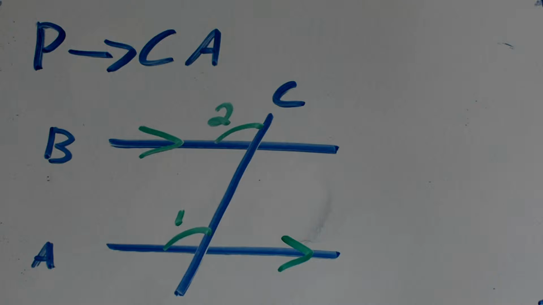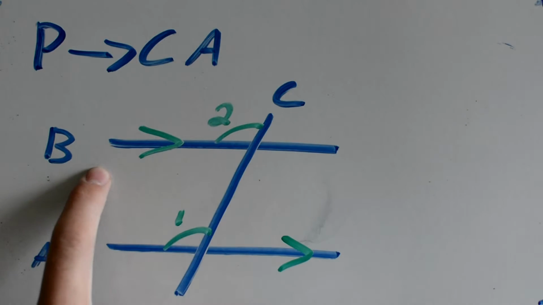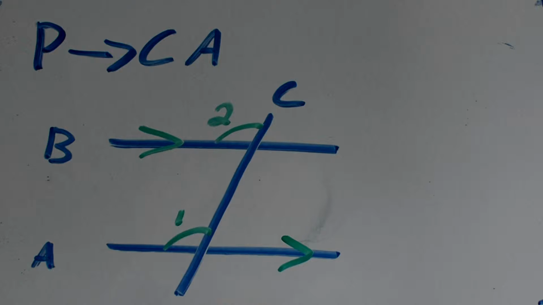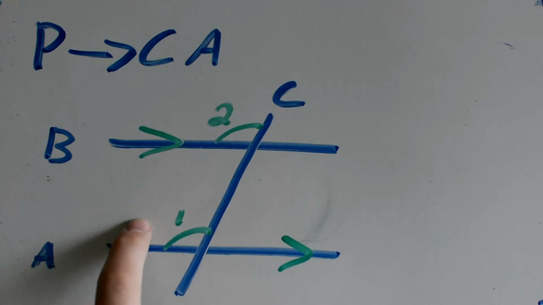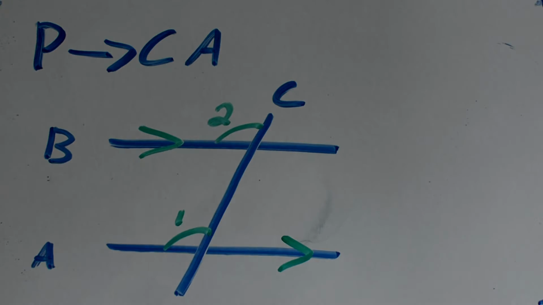So for proving that corresponding angles are congruent if you know the two lines are parallel, we're going to use something similar to what we did proving that if two lines are parallel, you know that the alternate interior angles are congruent. So if you know that A and B are parallel to each other, you will now know, after I explain this, that angle 1 and angle 2 are congruent.